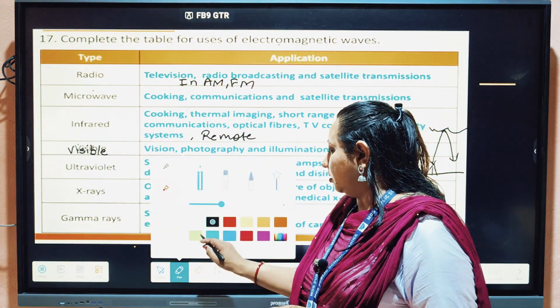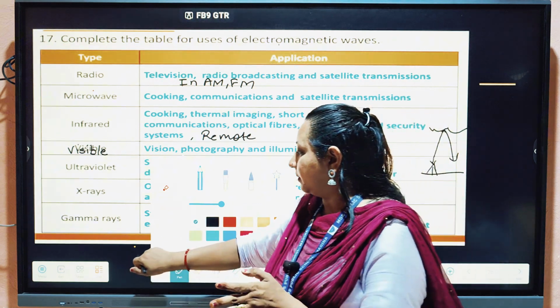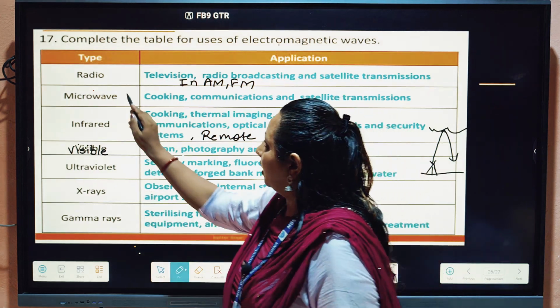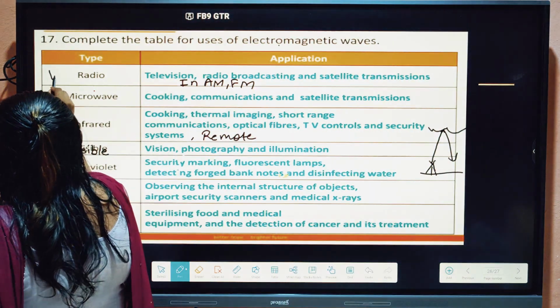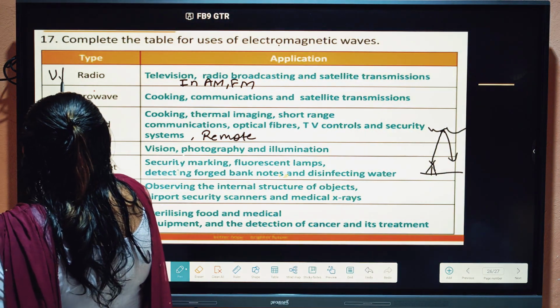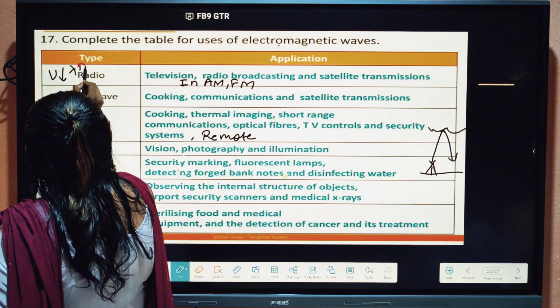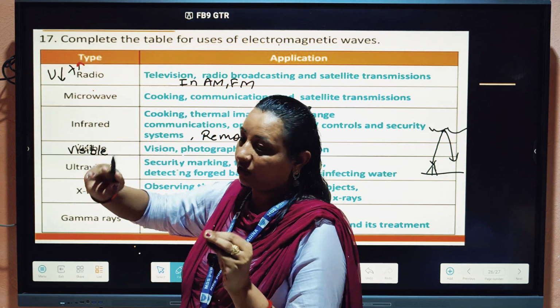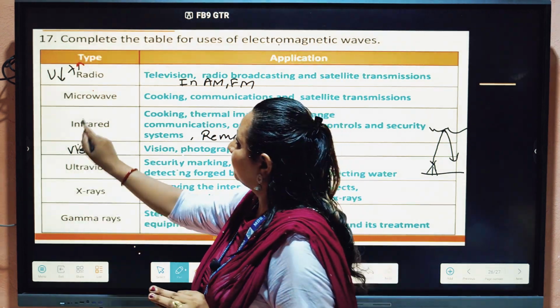Next, the properties we have to remember. As I told you, radio waves have the least frequency but the longest wavelength, right? They have the least energy and less penetrating power.